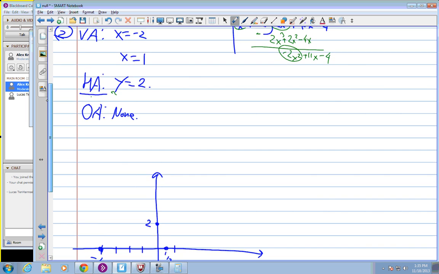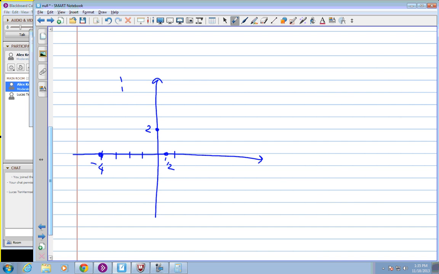The vertical asymptotes are at -2 and +1, and there's the horizontal asymptote. So we have enough to actually connect the dots. There's nothing else we need to do to graph this.